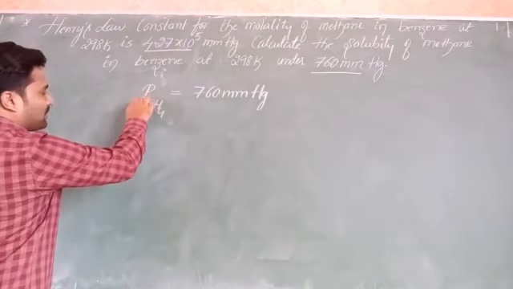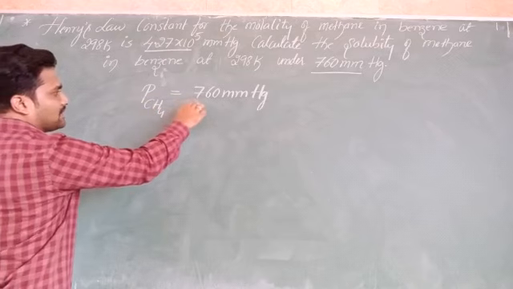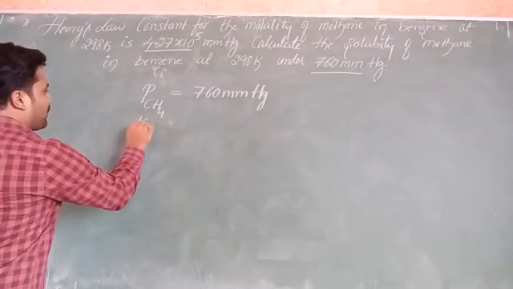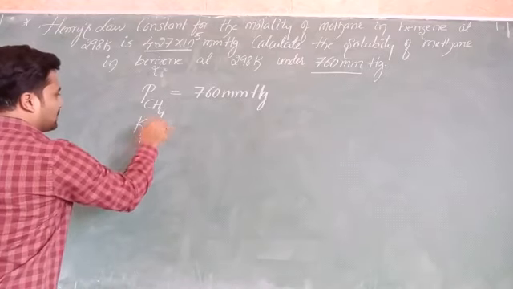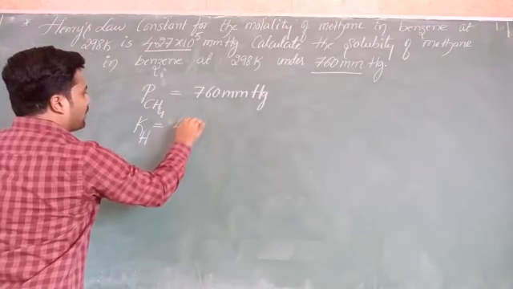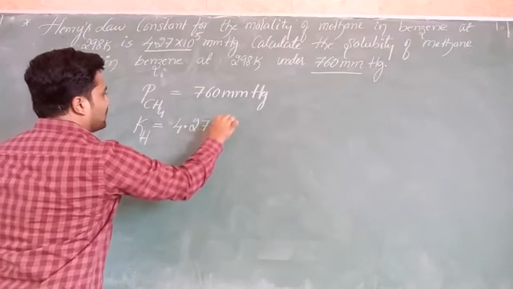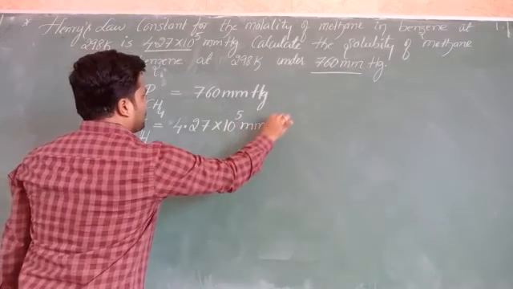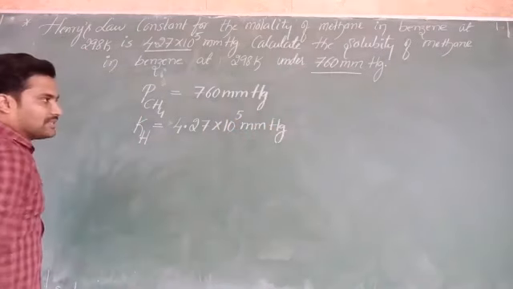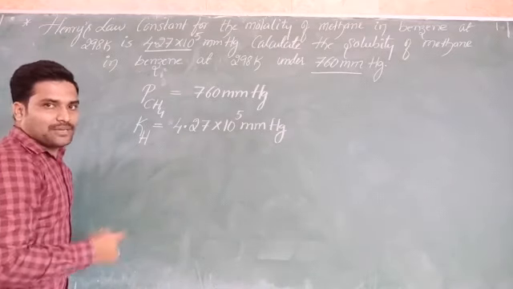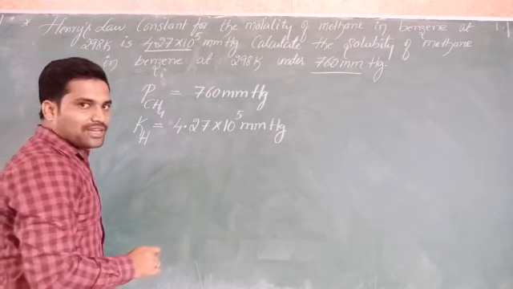Next, they have provided Henry's constant, that is Kh. Its value is 4.27 into 10 to the power of 5 mmHg. This is Henry's constant. Make sure this value will differ for different types of gases. It is not the same for all gases.